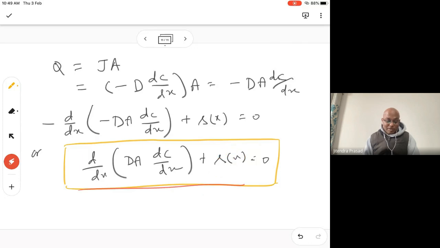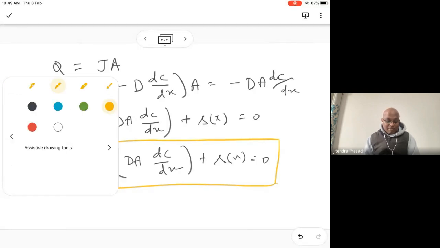In this case you have diffusivity instead of the Young's modulus, C, concentration, instead of the displacement, and S, source, instead of the body force Bx, right? This remains the same. All the boundary conditions you can apply.